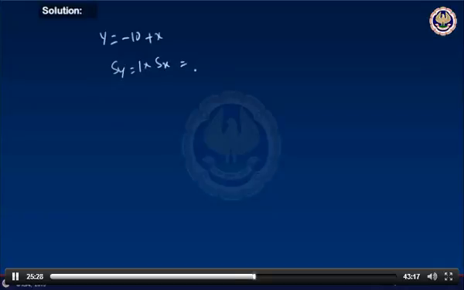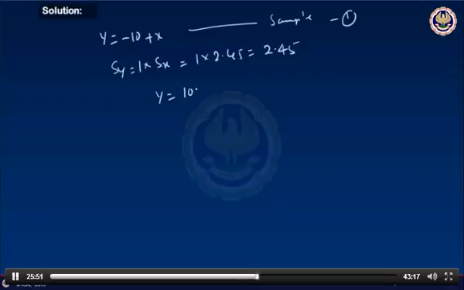In the earlier slide, we computed the standard deviation as 2.45, so 1 into 2.45 is equal to 2.45. This is applicable for the data of sample 1. For sample 2, the relation between y and x is y equals 10x. This is sample 2.